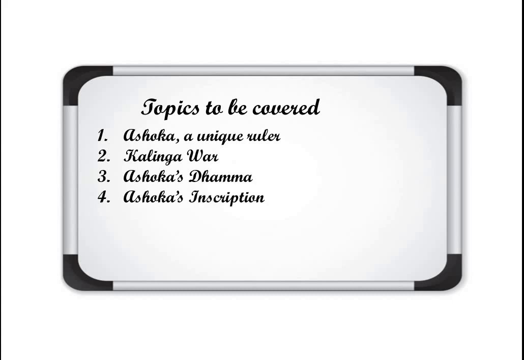Then number 4, Ashoka's inscriptions or the messages that he tried to give to the people, and these inscriptions basically were written on rocks and the pillars. Number 5, Great Wall of China.